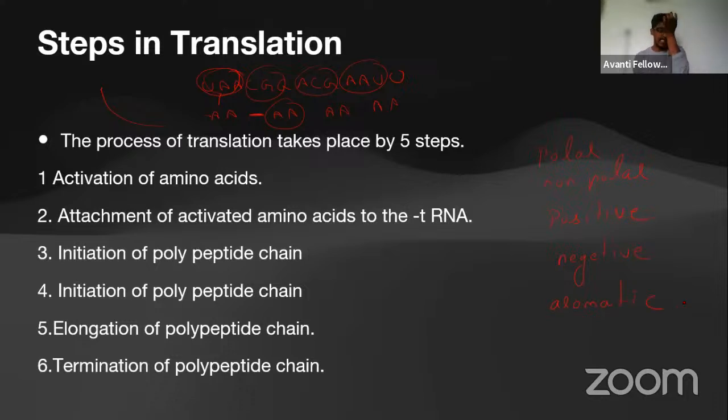So the amino acid nature changes, their charges change, the interactions change. Based on which amino acids come beside each other, the nature and the structure of the protein are determined.